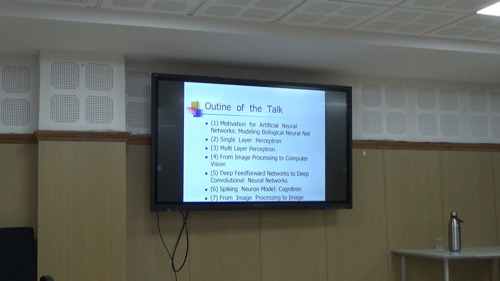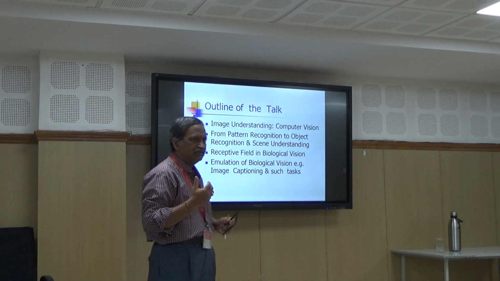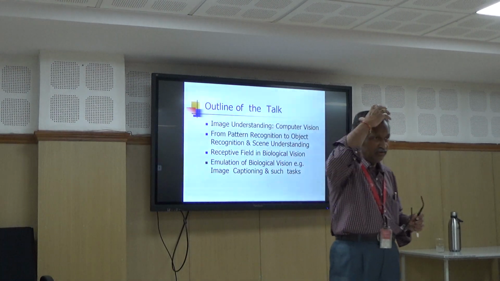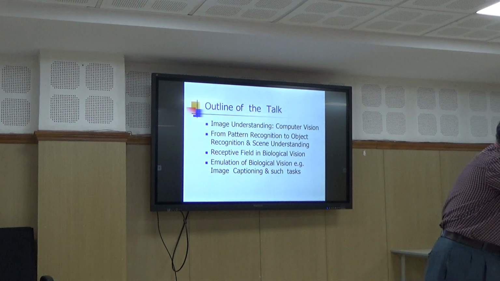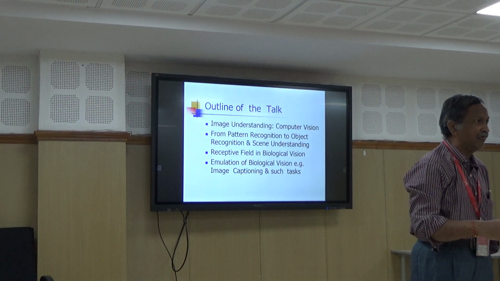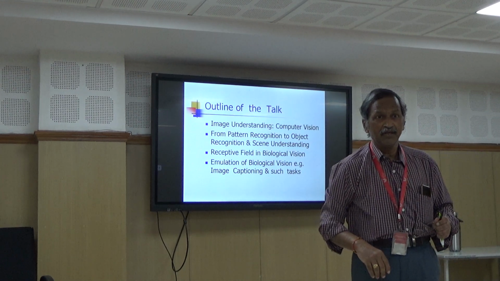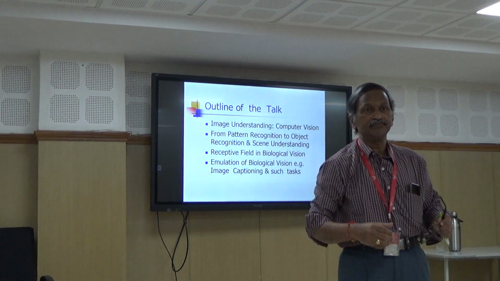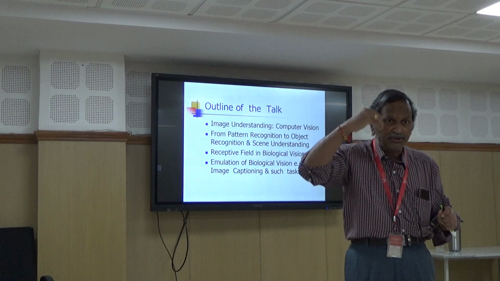From image processing to image understanding. We human beings take it for granted how the brain works. You navigate, you know, Dr. Fatima is here and all faculty members are here, some students are here. And you navigate your way. You are not just processing an image, you are doing much more.